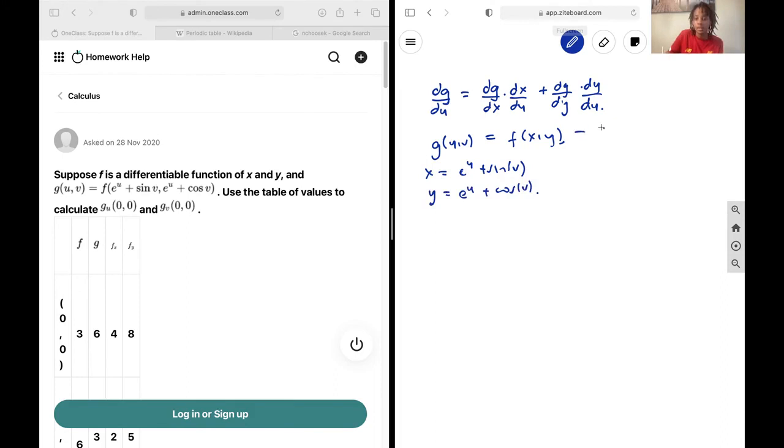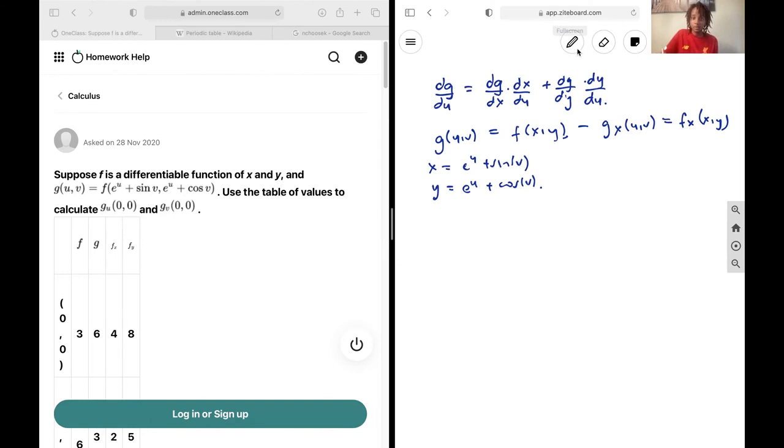When I say I want g with respect to x, since g is in terms of u and v, this technically doesn't make sense. So instead I'm going to write f with respect to x and y. They're the same function, but here I have terms in u and v, and here I'll have terms in x and y, but that x and y themselves will be in terms of u and v.